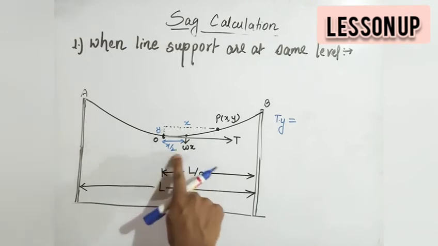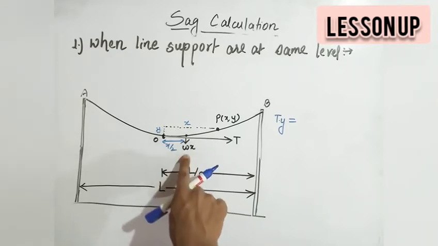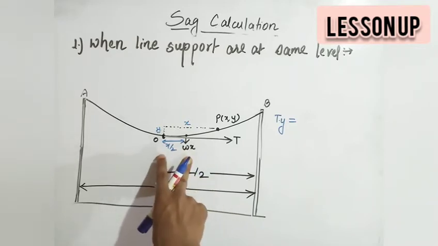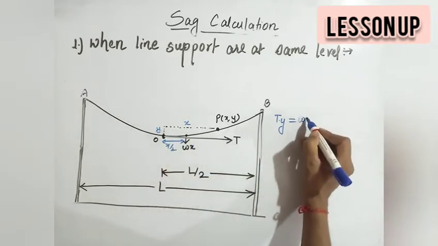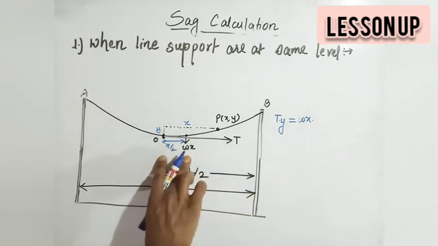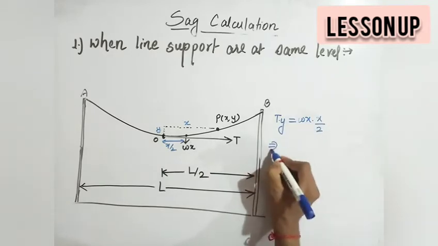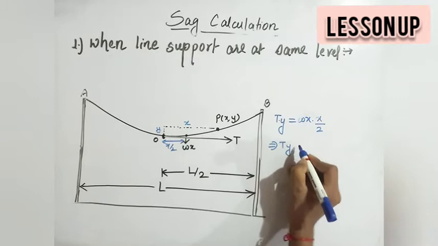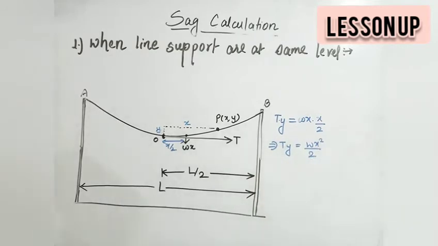The distance between this point and the middle of the portion OP is x by 2. So the vertical force is Wx into the span x by 2. So you will get T into y is equal to Wx square by 2.